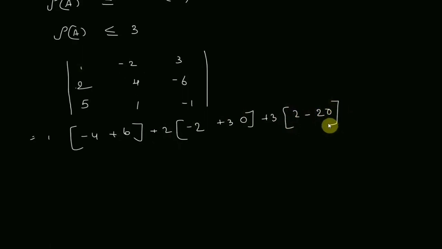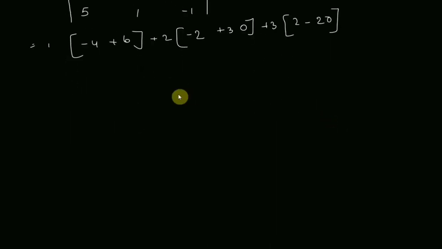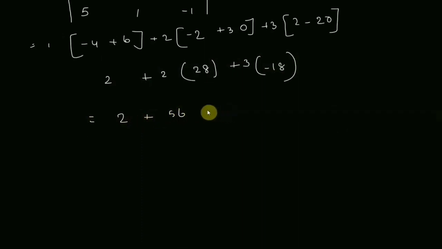So that is equal to minus 4 plus 6 is 2, plus 2 into 28, plus 3 into minus 18. So that will give you 2 plus 56 minus 54. That is equal to 58 minus 54. That will give you 4.